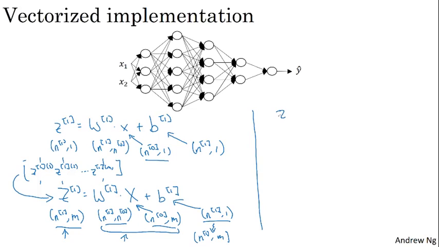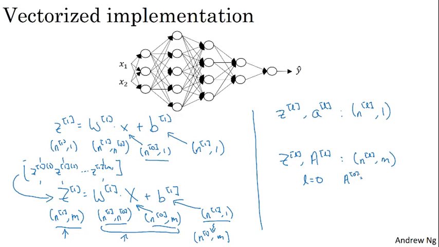Here, what we see is that whereas ZL, as well as AL, are of dimension NL by 1, we have now instead that capital ZL, as well as capital AL, are NL by M. And the special case of this is when L is equal to 0, in which case A0, which is equal to just your training set input features X, is going to be N0 by M as expected.